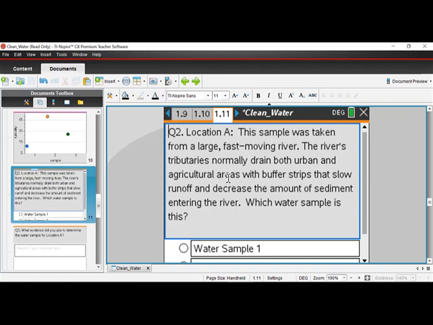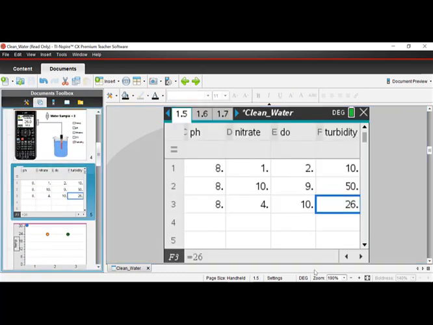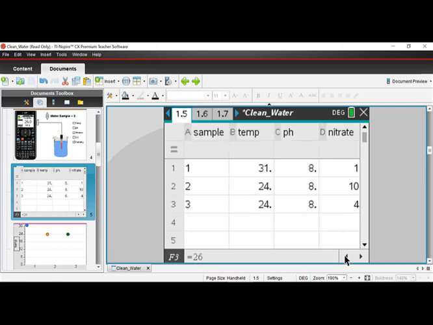So even though you've got sort of a draining of these ag areas, looks like they have some measures in there to sort of mitigate that, to slow it down a little bit. So if we go back to our table, we have, let's see, we're looking at temp. I don't know if a large moving river is going to have very high temperature. I think it's going to be probably 2 or 3.